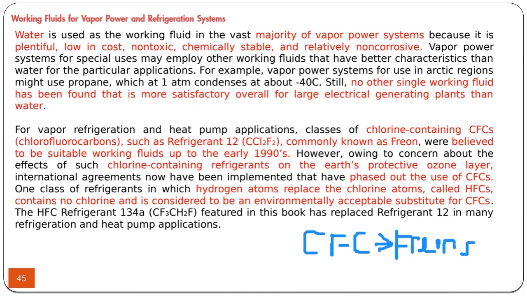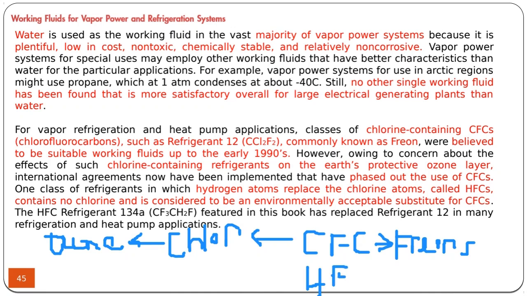But then people found out that the freons are harmful to the ozone layer because they have chlorine in them. And chlorine damages the ozone layer. So since the beginning of the 1990s, the use of CFCs has been banned, and instead of CFCs, now HFCs are used. In HFCs, there is no chlorine. The chlorine is replaced by hydrogen.